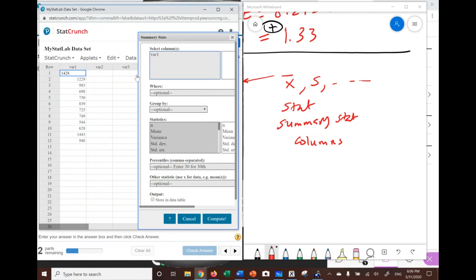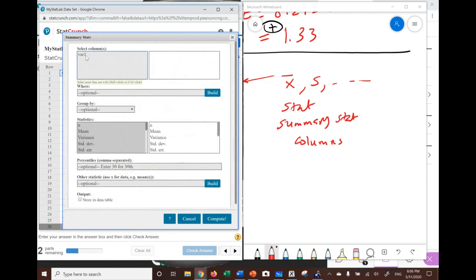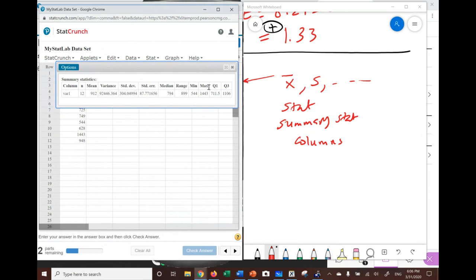So click on variable 1, and notice variable 1 is going to jump to the right. That's all you need to do, and hit compute. And this is a summary. Notice that in our summary, X bar that they want us to find, the same as the mean, is equal to 912.